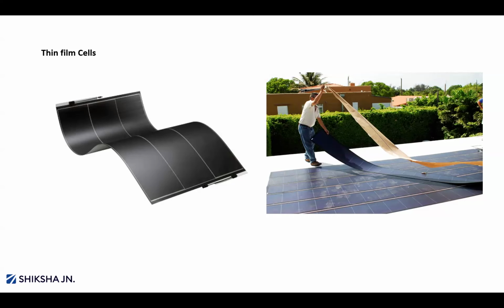So if you have a very large area, then you can plan for thin film, but still, there is no use. Price-wise, it is a little bit less compared to mono and poly, but you require a very large area.